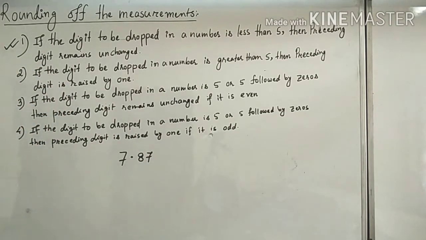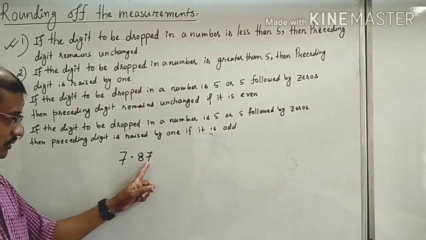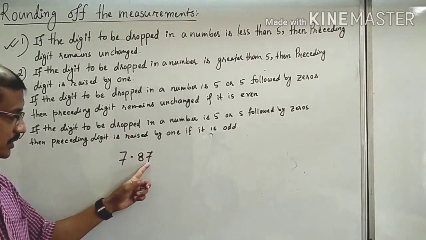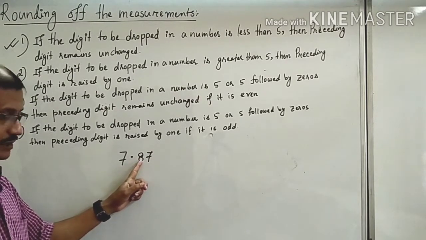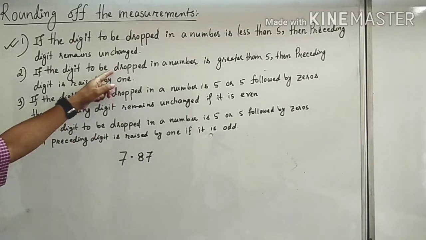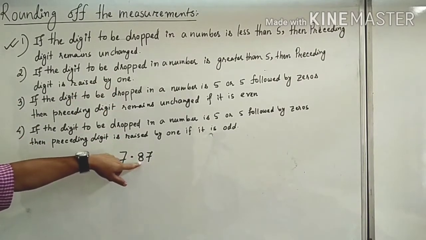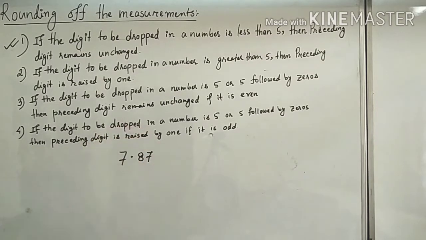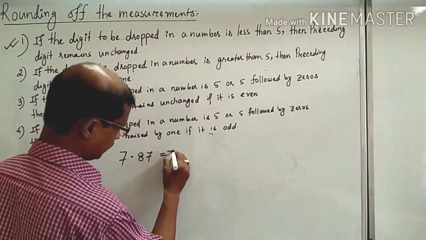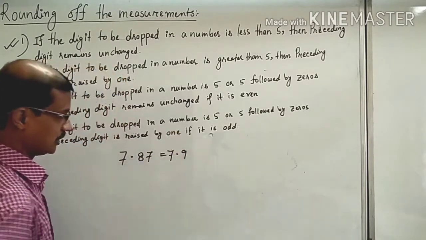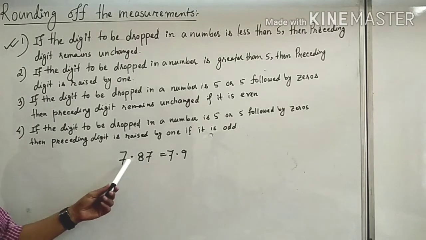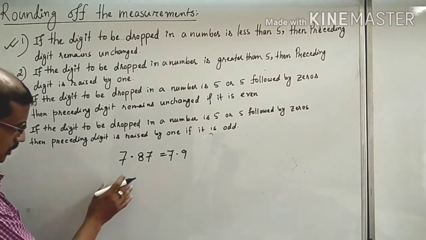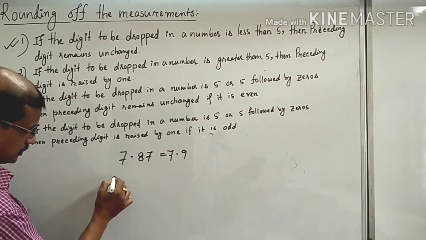Here the digit to be dropped is 7, it is greater than 5, and the preceding digit is 8, so according to this rule the preceding digit must be raised by 1. So 7.87 can be written as 7.9.